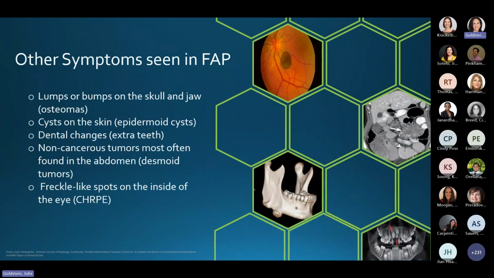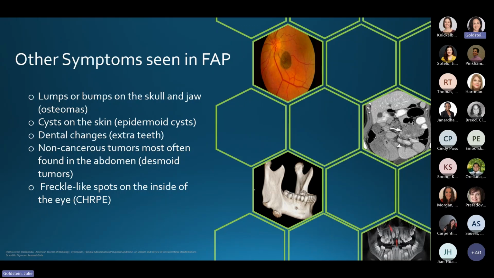What's also interesting about FAP is we can sometimes see features that you would never in a million years imagine to be associated with colon polyps or colon cancer. Sometimes, FAP can be diagnosed by a dentist or by an eye doctor because of these other features that might appear.